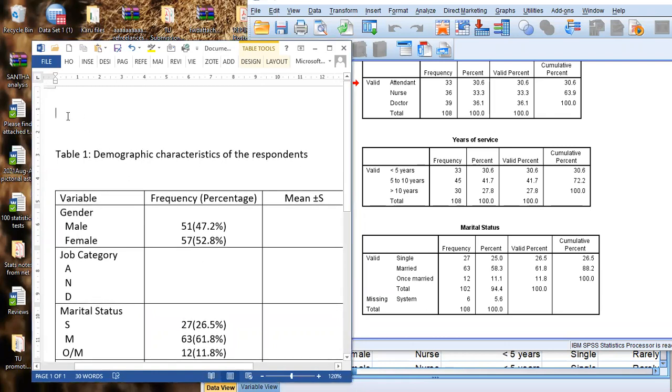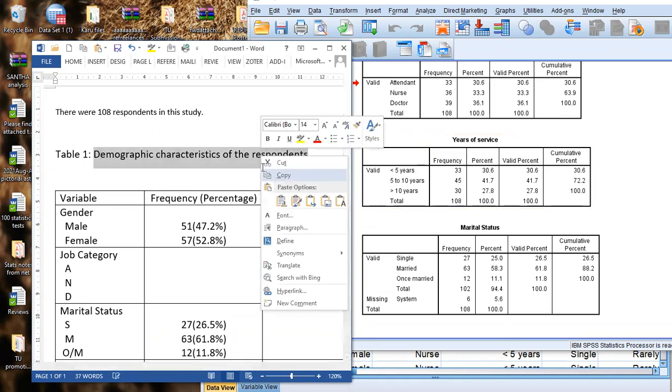Okay, just fill out the table. So before this, we have 108 respondents in the study. The demographic characteristics of the respondents are shown in that table.